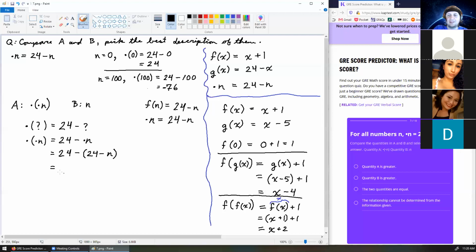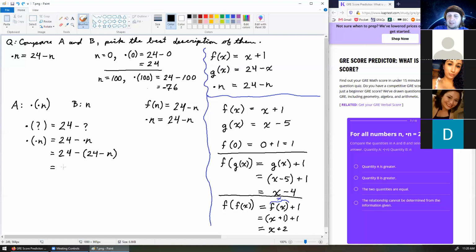So 24 minus 24 is 0. Right, minus these. So these two cancel each other out, right? Confusing. And then what are we left with? Negative n.